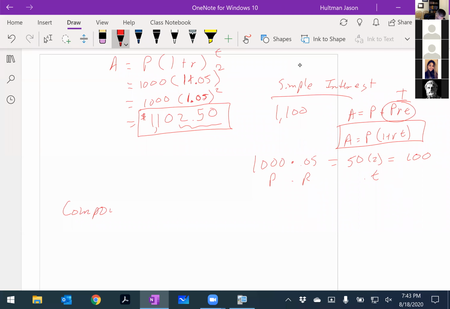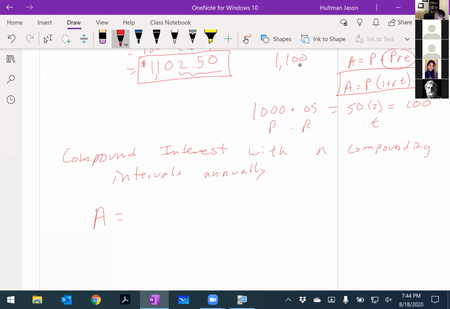If I want to compound more than once per year, compound interest with n compounding intervals annually, then this is the formula. A is equal to P times 1 plus R over N, to the NT. We add an extra variable, and N is the number of times I compound in a year.